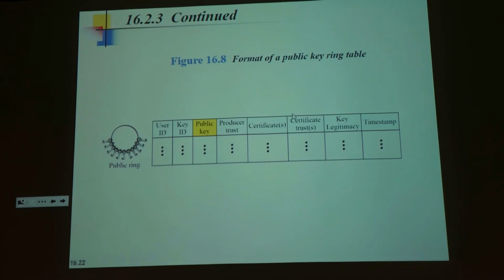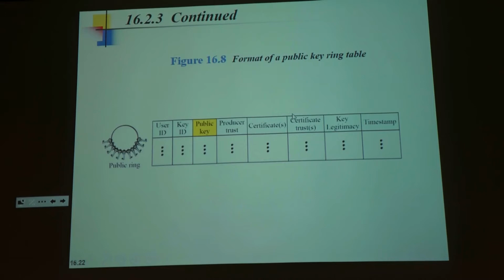Then after that, we have the certificates. This column holds the certificate or certificates assigned to other entities of this entity. A user ID may have more than one certificate. So you could have multiple certificates. Then you have certificate trusts. This column represents the certificate trust. If Anne sends a certificate for John, PGP searches the row entry of Anne and finds the value.